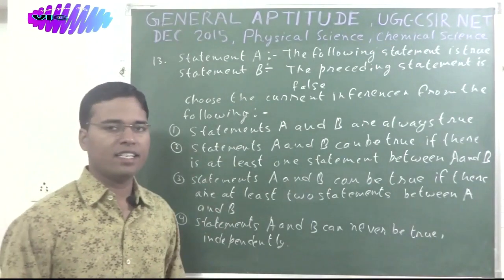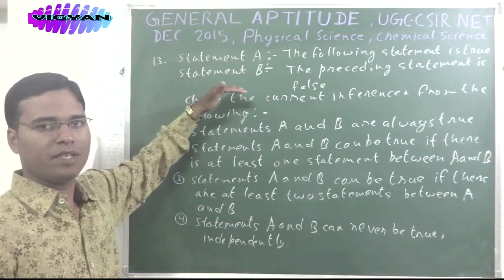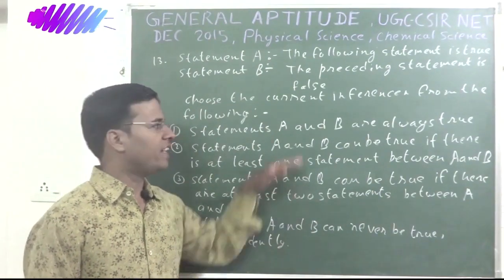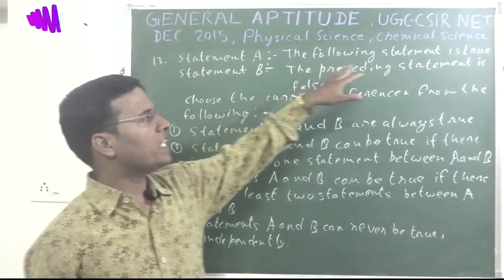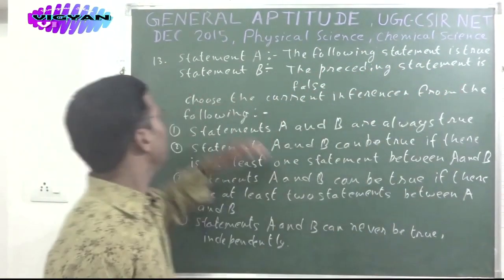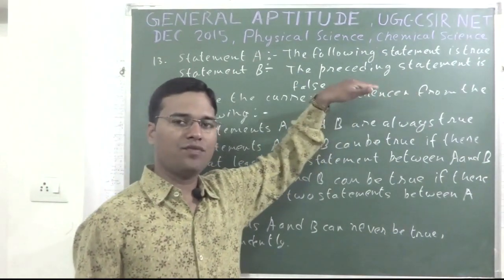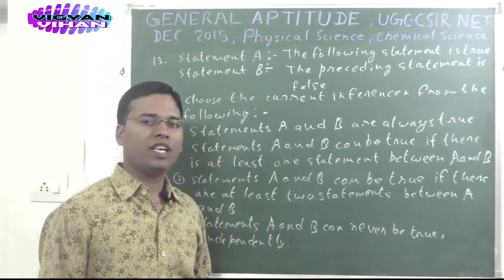Problem number 13. In this problem, there are two given statements, statement A and statement B. Then we will have to find out the correct inference of these two statements. The first statement is: the following statement is true. The second statement, B statement, is: the preceding statement is false. These two statements are contradictory to each other.